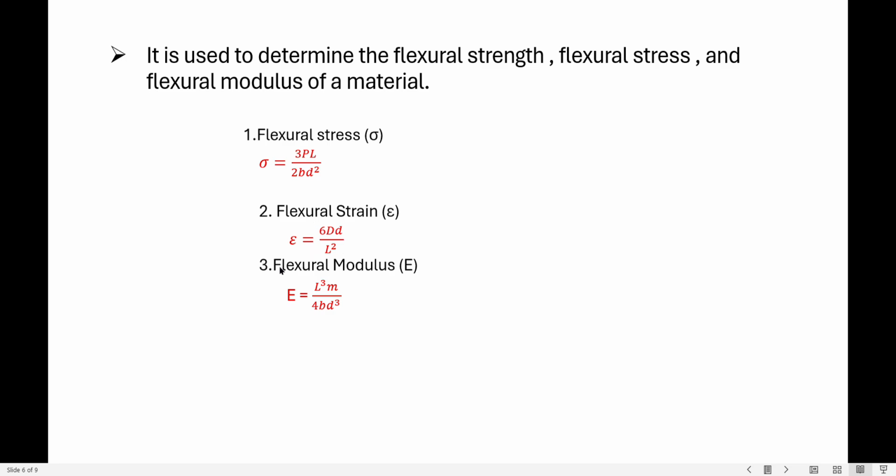The flexural modulus is the ratio of flexural stress and flexural strain in the elastic region and represents the stiffness of a material in bending. It is denoted by the letter E, where E is equal to L cube M divided by 4BD cube. Here M denotes the slope of the load deflection curve.